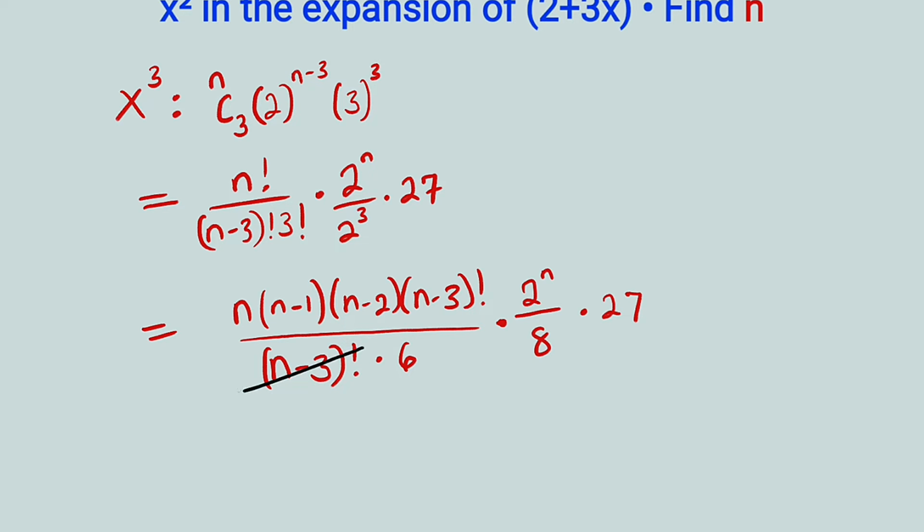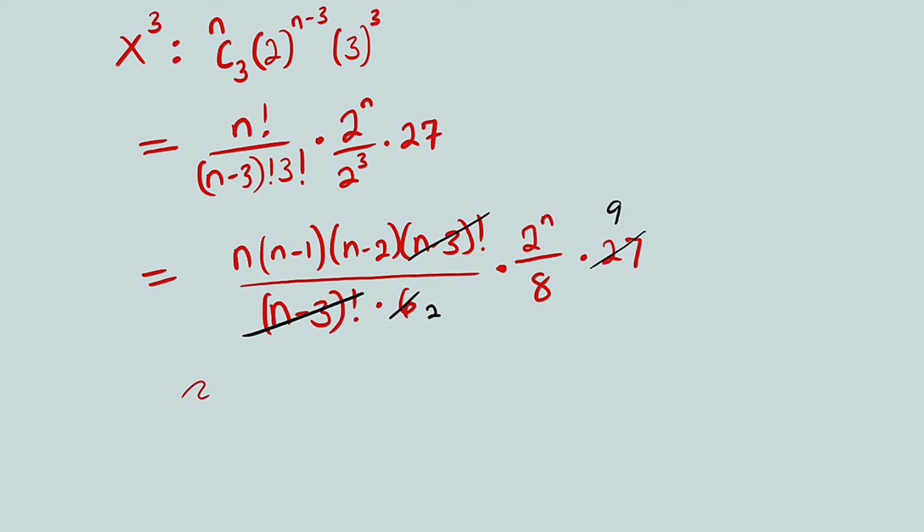From here, (n minus 3) factorial will cancel (n minus 3) factorial. 3 can go into 6 two times, and 3 can go into 27 nine times. So this becomes just n multiplied by (n minus 1), (n minus 2).